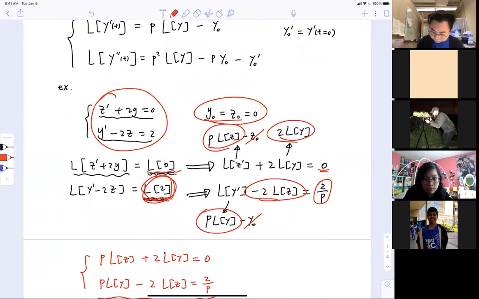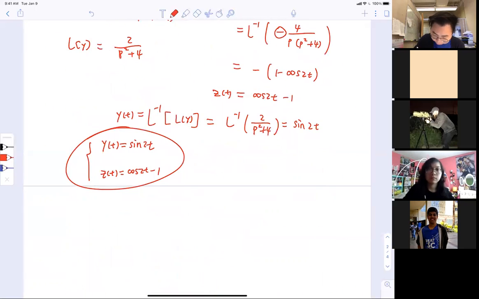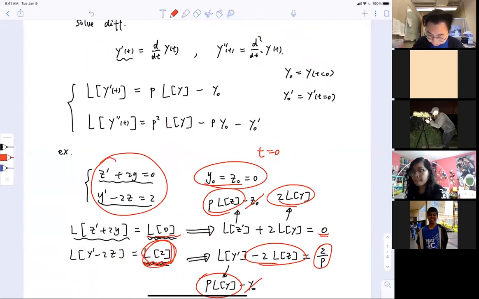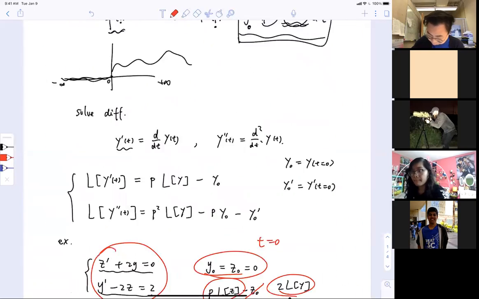The initial condition tells us when t equal to 0, both y and z vanish. So you just set t equal to 0 to see whether your solution matches. Sine 0 is 0, indeed. And cosine 0 minus 1 is 1 minus 1, equal to 0. So at least it matched the initial condition in the problem.